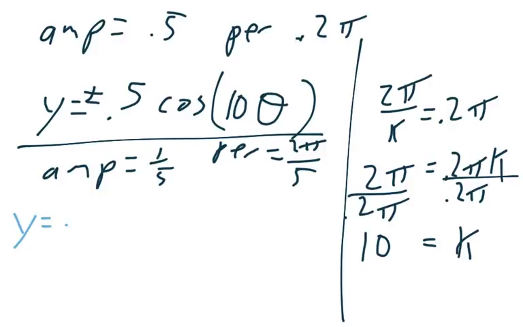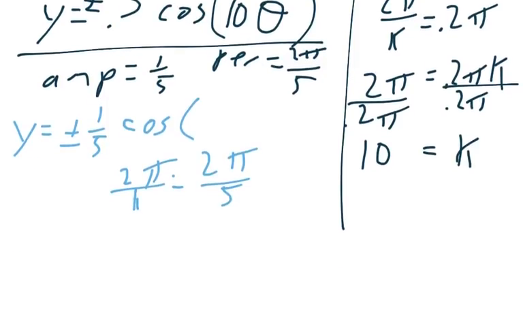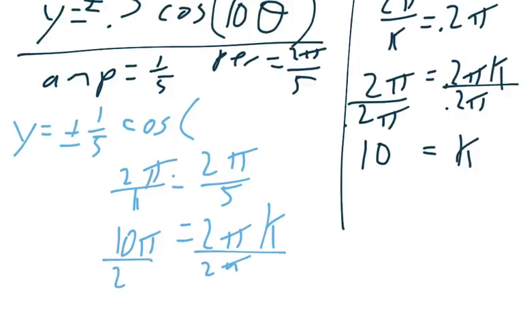So y equals plus or minus 1/5 cosine. 2 pi over k equals 2 pi over 5. 10 pi equals 2 pi k when I cross multiply, divided by 2 pi, and k is equal to 5. And there's our answer for that one.